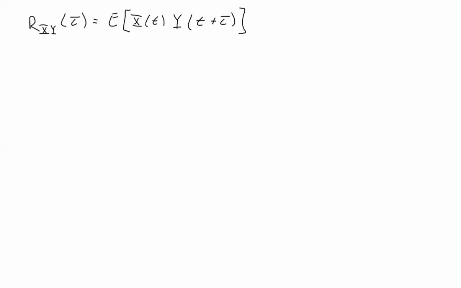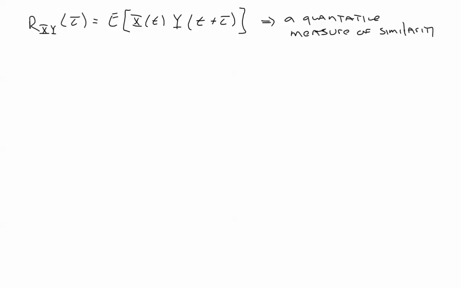Okay? That's what that is. All right, I just replace one of the x's with a y. And as with autocorrelation, this is a quantitative measure of similarity of x compared to y at some later instant in time. Okay?